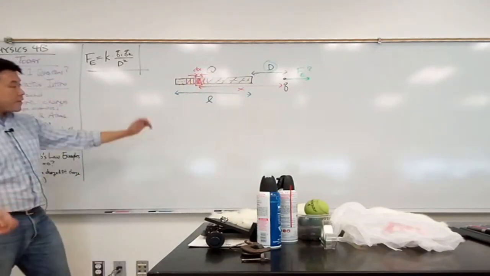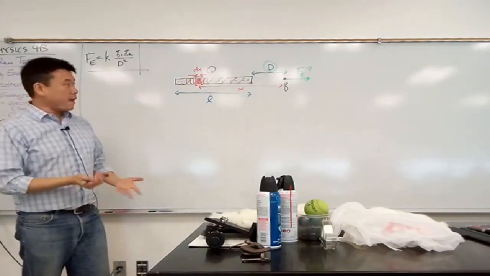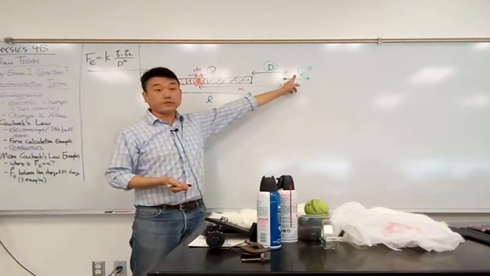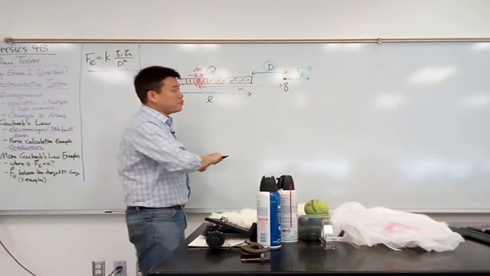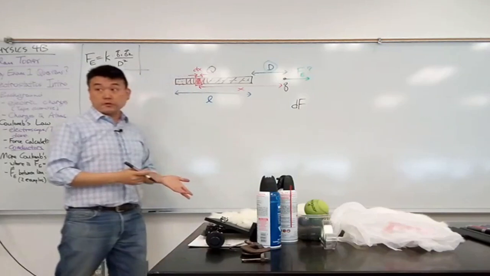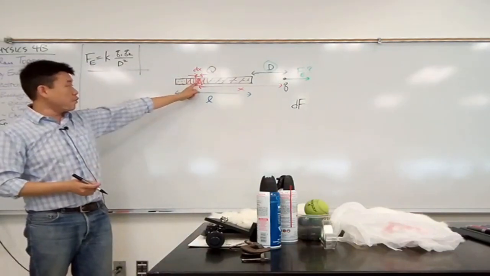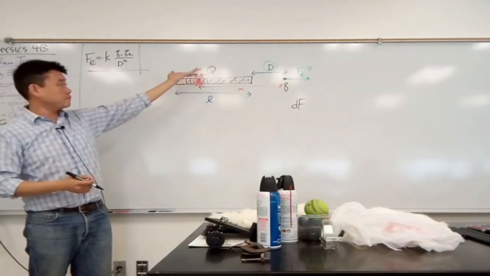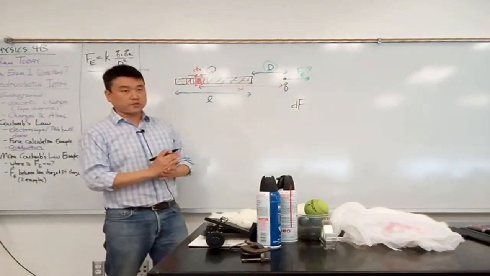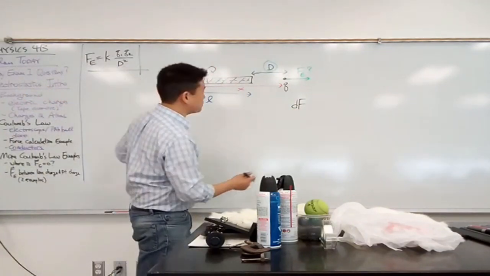So let me write down an expression for that. What I'm saying with this small section is that I don't know how to get the whole electric force, but I'm going to be able to get a small contribution to the electric force that's coming from this small section of the rod. So that small contribution to the electric force still follows Coulomb's law.